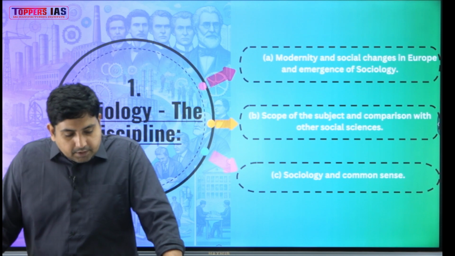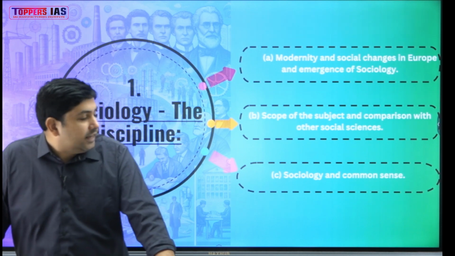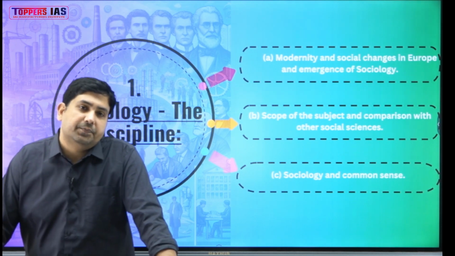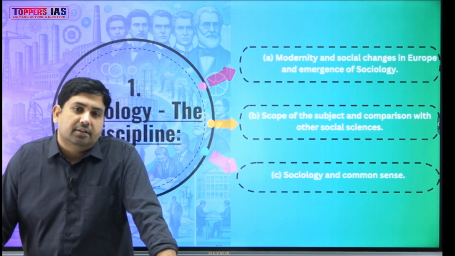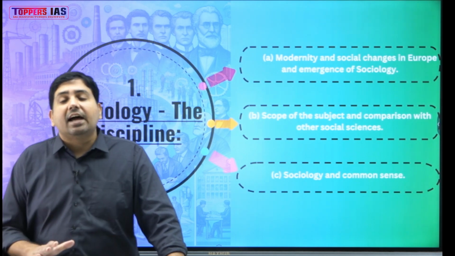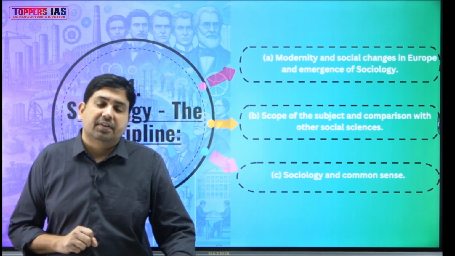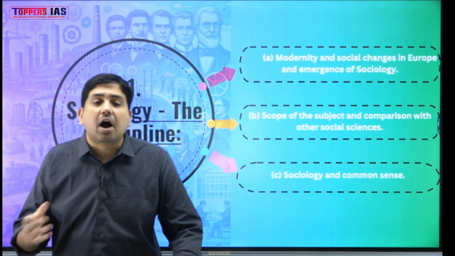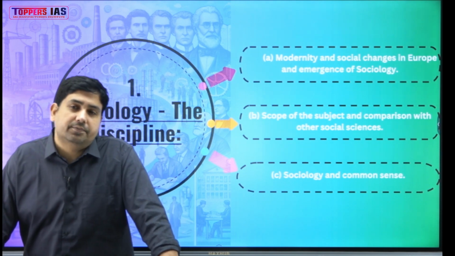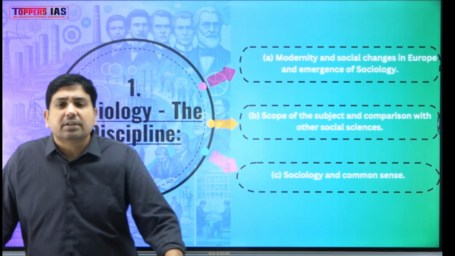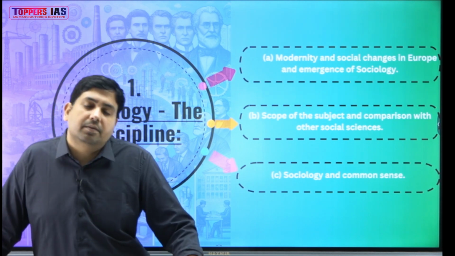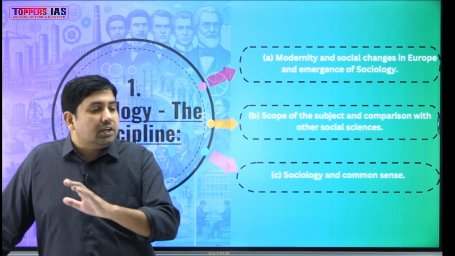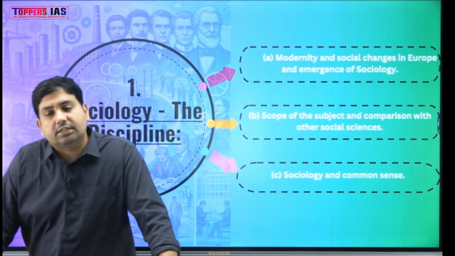Clear now? Then sociology and common sense. What does it mean? See, we all have common sense ideas about how society actually works, based on our personal experience, based on our upbringing, and what we hear around us.